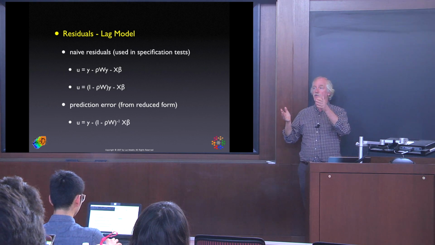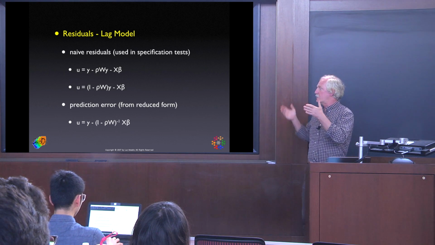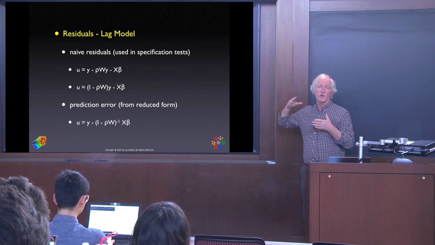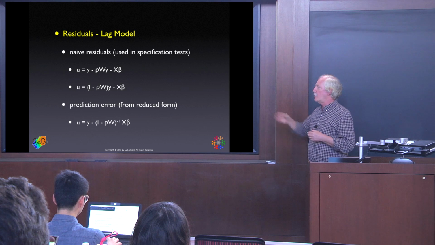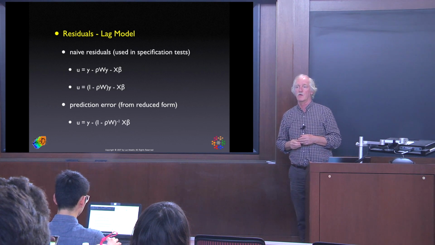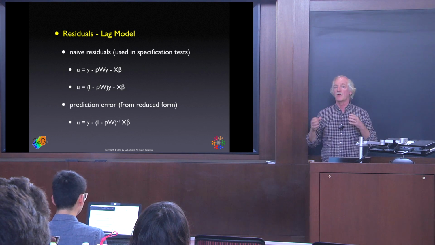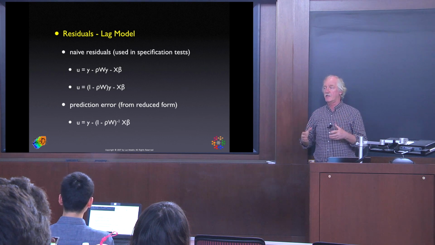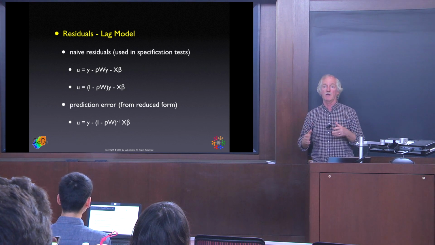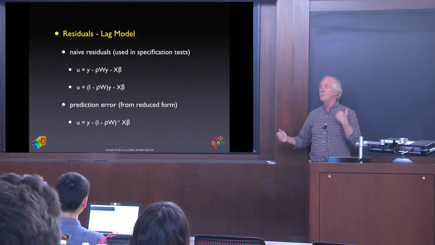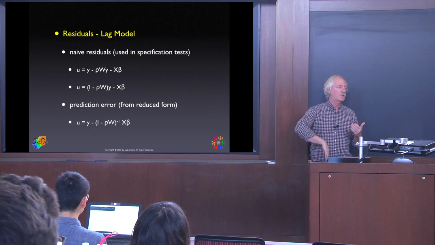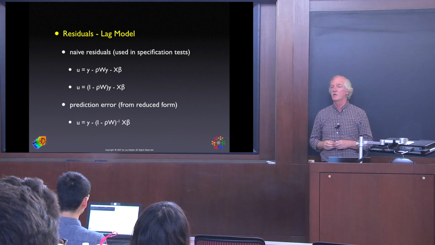And two notions of residuals, one which is the basis for the theoretical derivations of the diagnostics, and another one which is a notion of prediction error. How well does my model do in predicting the pattern for the dependent variable? Remember the difference between simultaneous and conditional models. In simultaneous models, we predict the full pattern for the dependent variable.